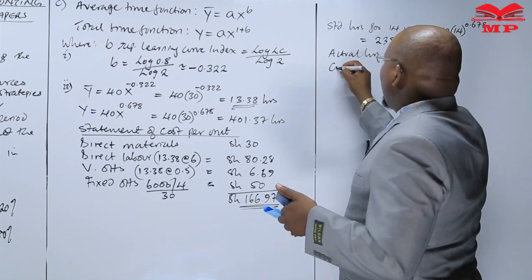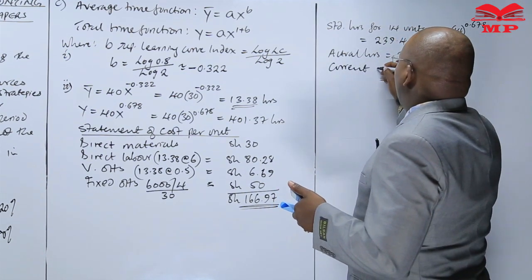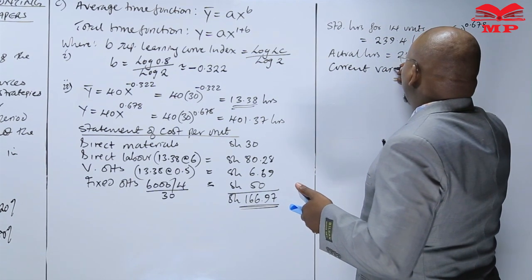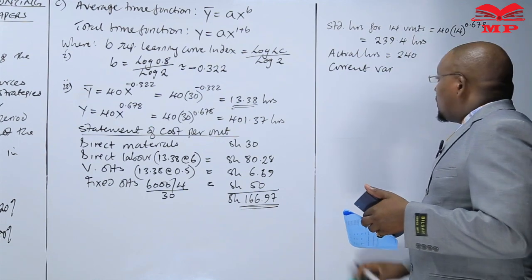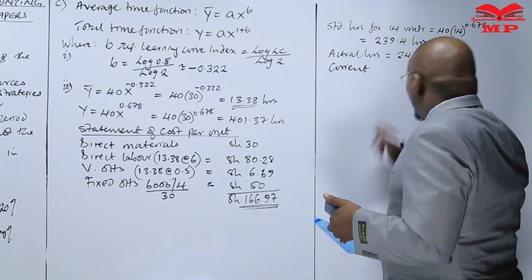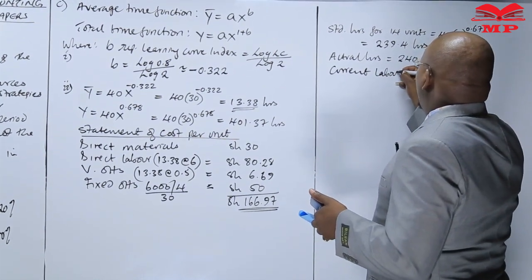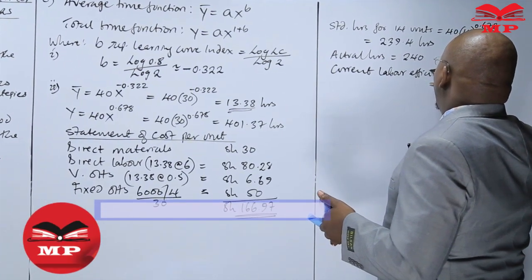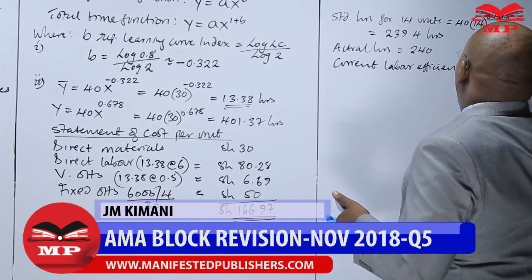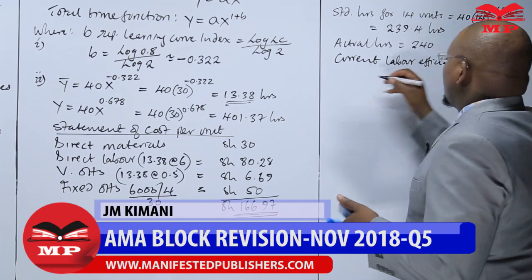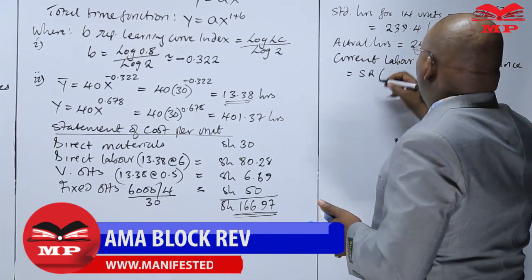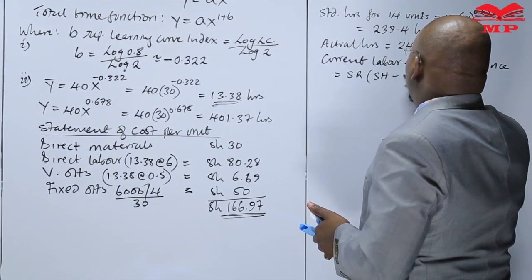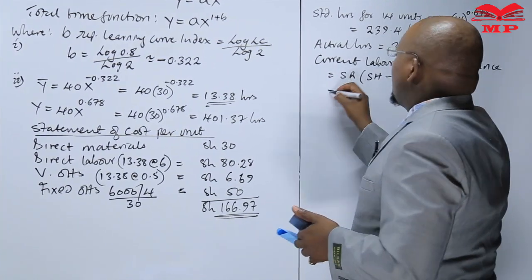So the current labor efficiency variance will be the standard rate multiplied by the standard hours minus the actual hours.